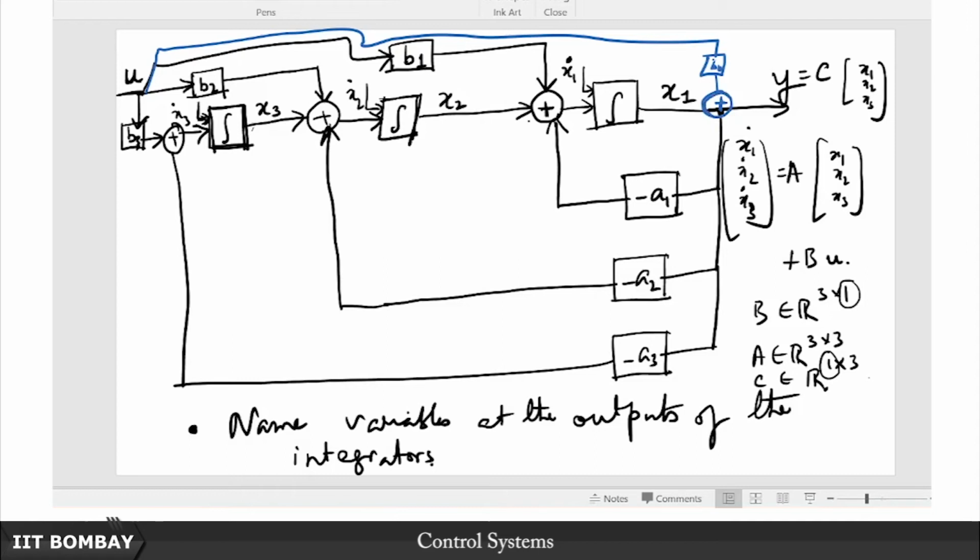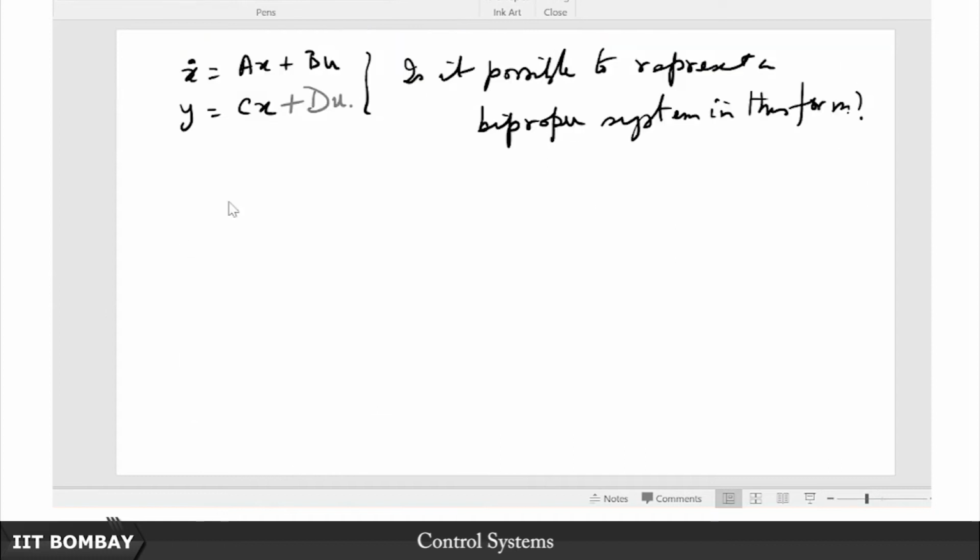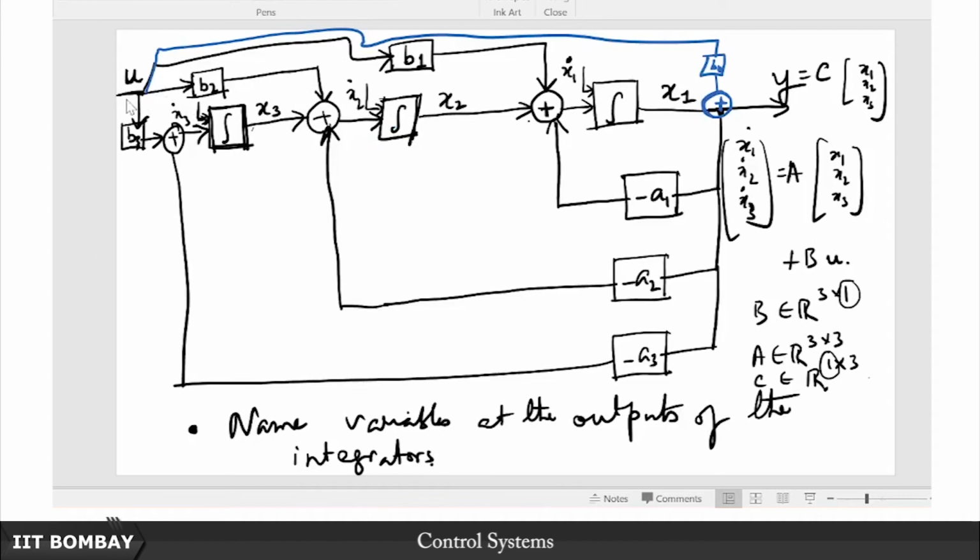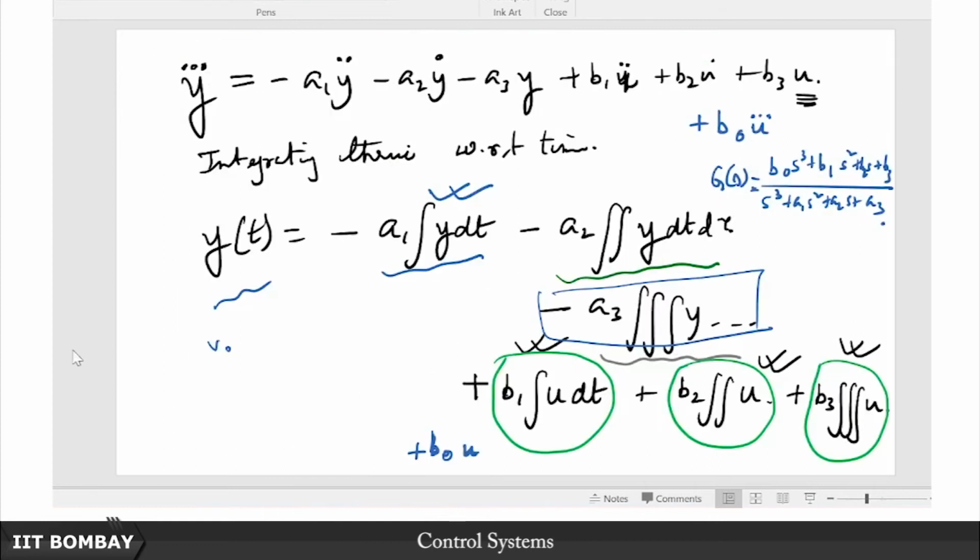So you would have had a summer here instead, yeah. So that is why this term du, as I said here, this term du is often called a feed forward term, because it is as if being fed forward, it is like bypassing the entire system, yeah, it is bypassing this entire system, you see, it is ignoring all these integrators. Why? Because it appears directly as it is.